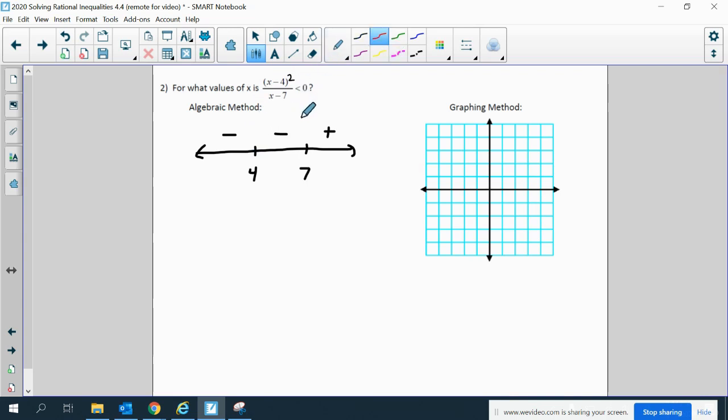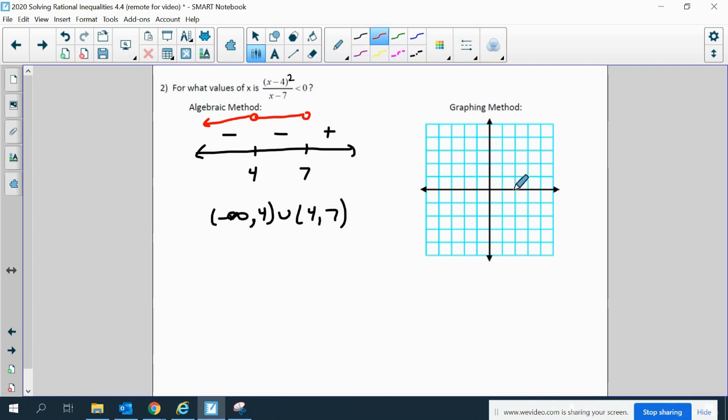So that means if I'm graphing the function or my solutions, what I would end up with is -infinity to 4 union 4 to 7 as the interval notation of my solution.